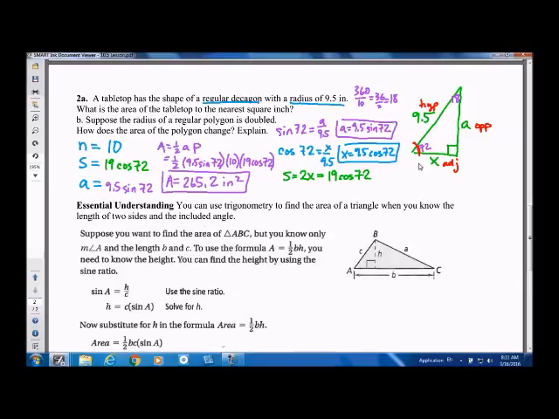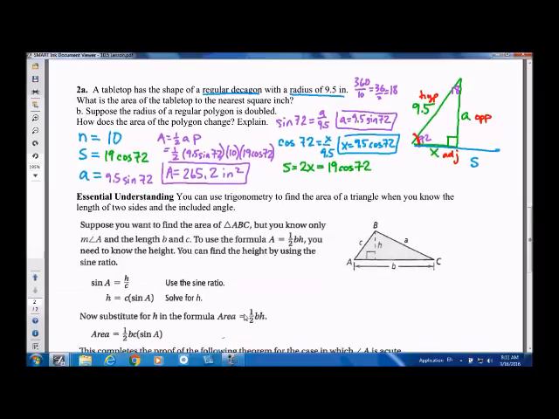And then we remember that the side length is 2 times that. This triangle here goes on out to here, and this gives us our side length. So we need 2 times that. I take those numbers, put them into my area formula. Don't forget to multiply by 10 for your perimeter. And I get 265.2 inches squared. If you use the 18-degree angle, you will get the same answer.